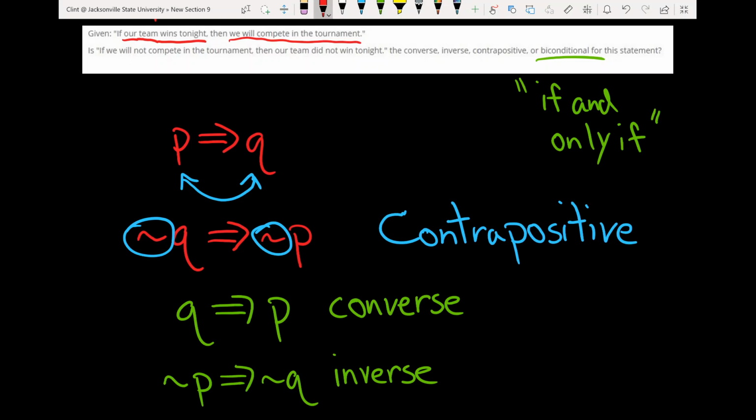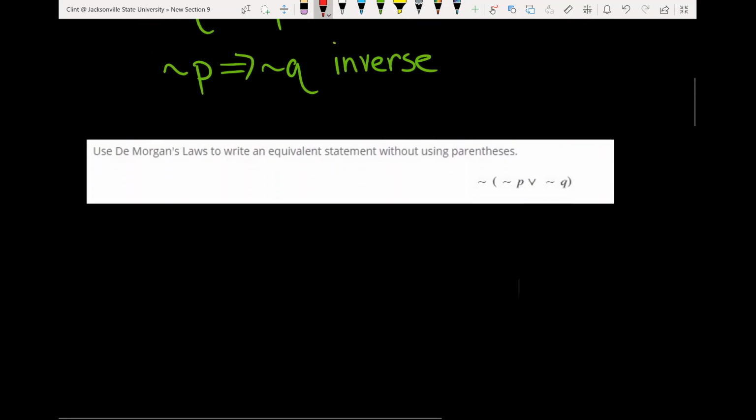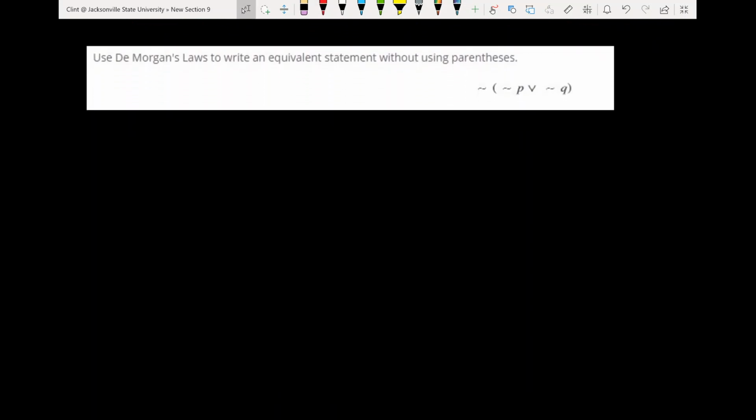Okay. Look at the next one here. This one says use De Morgan's laws to write an equivalent statement without using parentheses. So we're trying to get rid of the parentheses. I'm going to rewrite what we're starting with here. De Morgan's laws say we want to get rid of the parentheses.